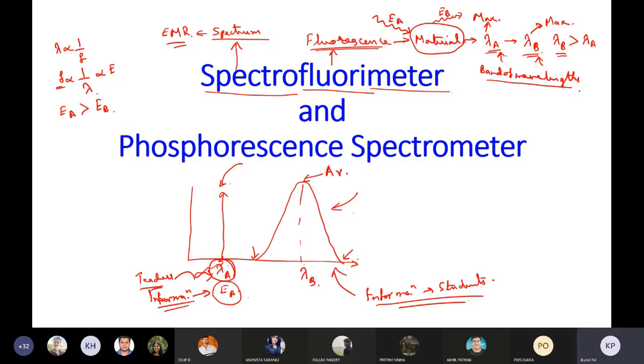There are many teachers who are teaching on an average scale, which is at a lambda A value, and there are some teachers who are teaching excellently. Some teachers are teaching very good, some averagely, and some very excellently. So in this case, if you see, there is a wavelength band. This wavelength band is nothing but what is called excitation.